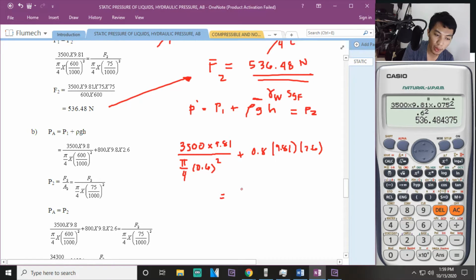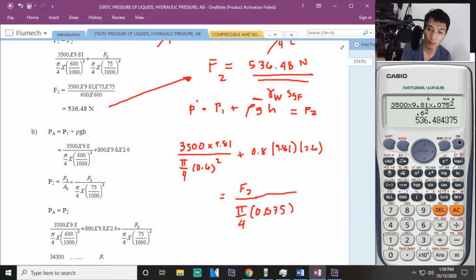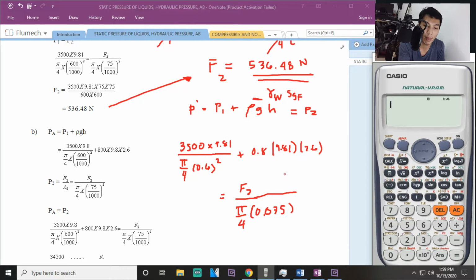Equal to P2. P2 is force 2 over pi over 4 times 0.075. Now, the best way for you to calculate it is pagsama-samahin mo na. Multiply mo na. So, F2, 3,500. Lagyan mo natin ng bracket. 3,500 times 9.81 divide by shift pi over 4. Isang pindutan na lang to times 0.6 squared.